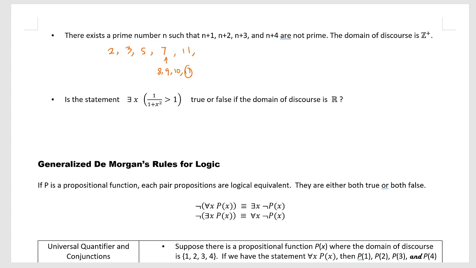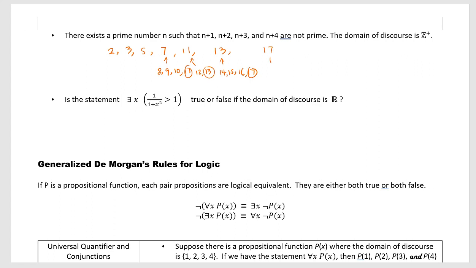Okay, next, 11. We think about 12, 13, oops, 13 is there, so 11 doesn't work. How about 13? Then we have 14, 15, 16, 17. Well, 17 is prime, so it does not work.